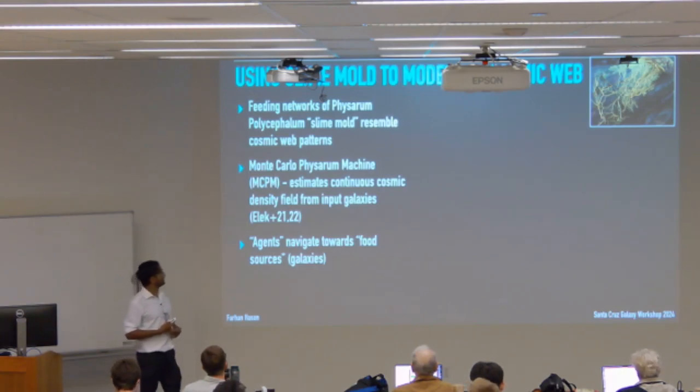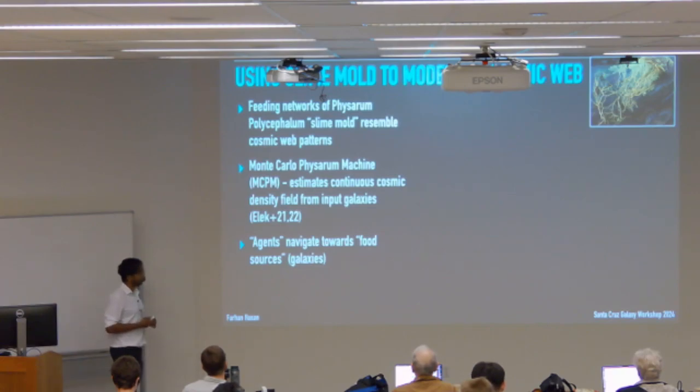And some researchers several years ago, right here in Santa Cruz, were inspired by this resemblance, and they developed the Monte Carlo Physarum Machine, MCPM algorithm, which basically mimics the growth of the slime mold, and in doing so estimates the cosmic density field in a continuous way from the same input tracers, which are locations of galaxies.